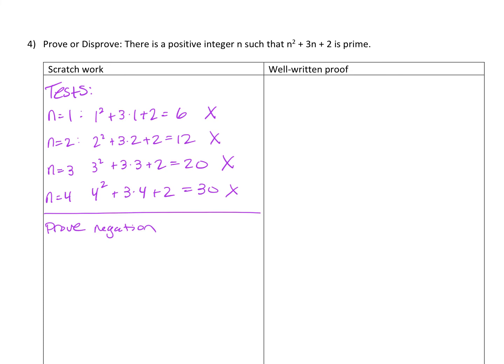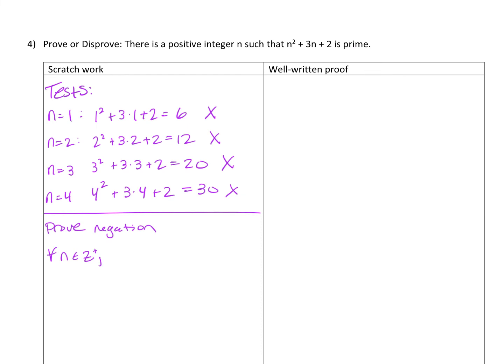So to negate this, "there is a positive integer" becomes "all positive integers." For all n in the positive integers, n squared plus 3n plus 2 is not prime. So negating the "there is" becomes a "for every," and then the "not this part" becomes "not prime."